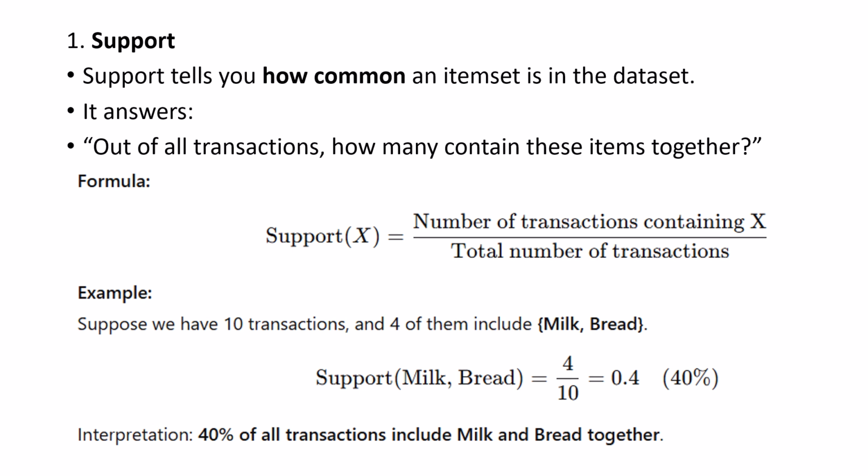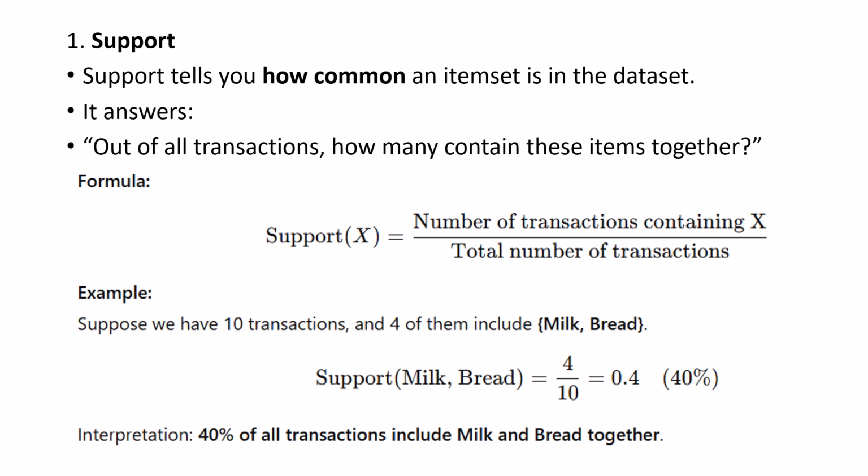Here are some examples for these terms. Support tells you how common an item set is in the data set. So it answers, out of all the transactions, how many contain these items together. Suppose we have 10 transactions and 4 of them include both the items milk and bread.